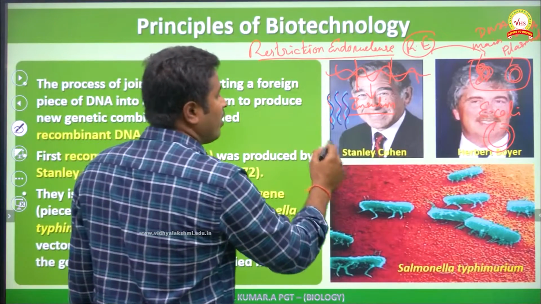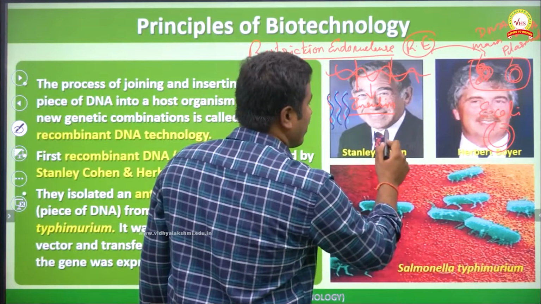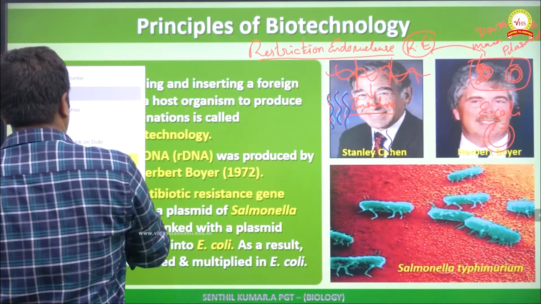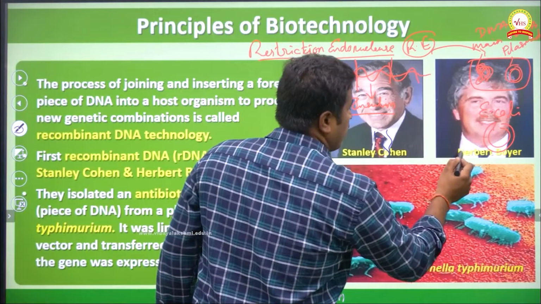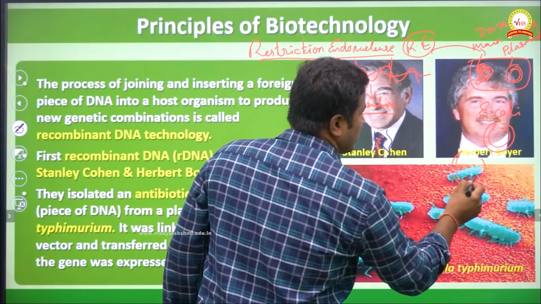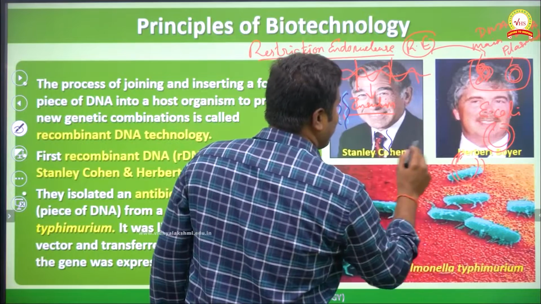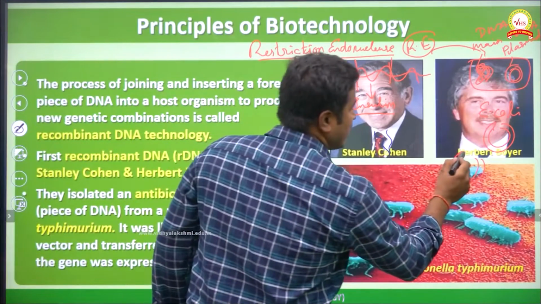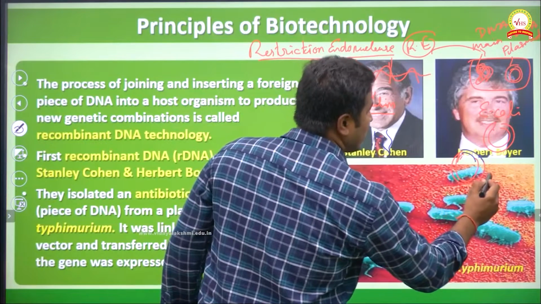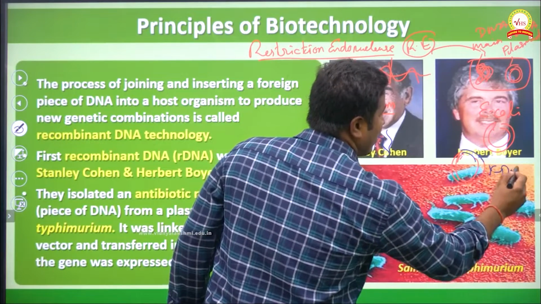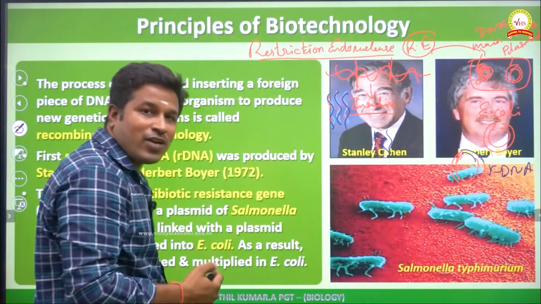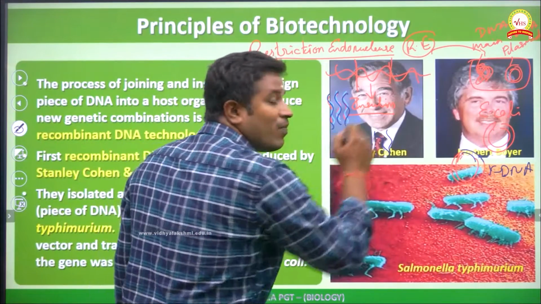So here this fragment we are taking, and in between this particular plasmid vector we are inserting our gene of interest. Now it is called rDNA, recombinant DNA. This recombinant DNA, whatever we have discussed, we are inserting into the plasmid vector.